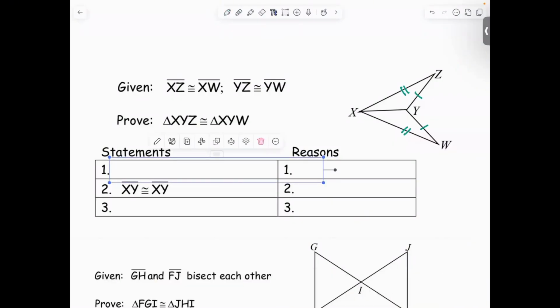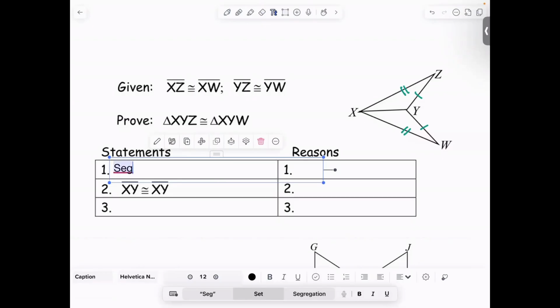I'm just going to type segment XZ congruent to segment XW, and then segment YZ congruent to segment YW.